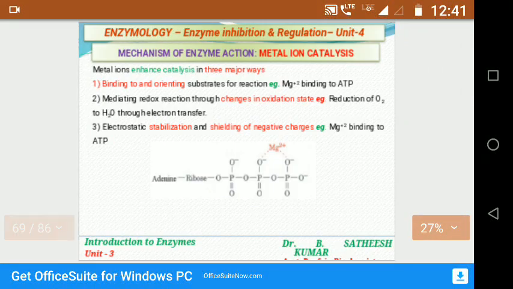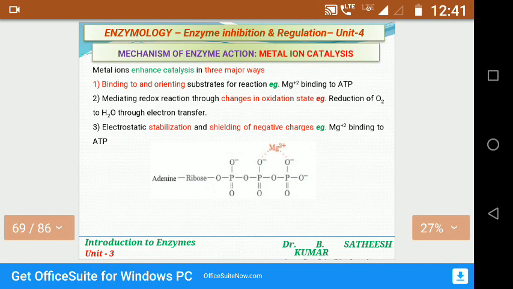So in metal ion catalysis, the role of metal ion, number one, is binding to and orienting substrate for reaction. So substrate will be oriented in a proper way so that the catalysis takes place. Substrate binding and catalysis, two things are very important in the catalytic reaction.